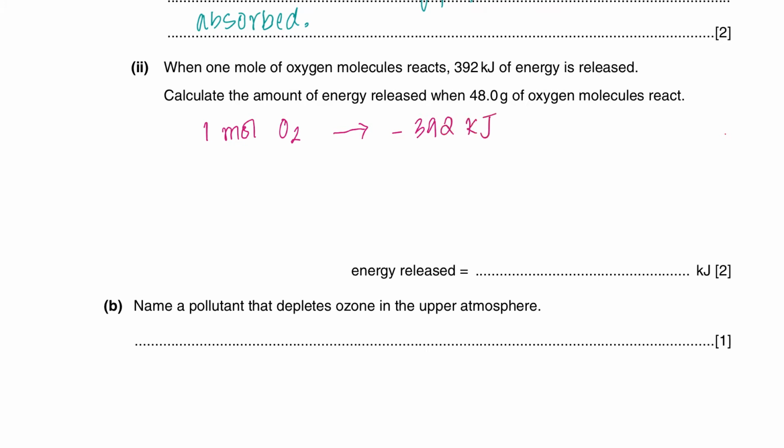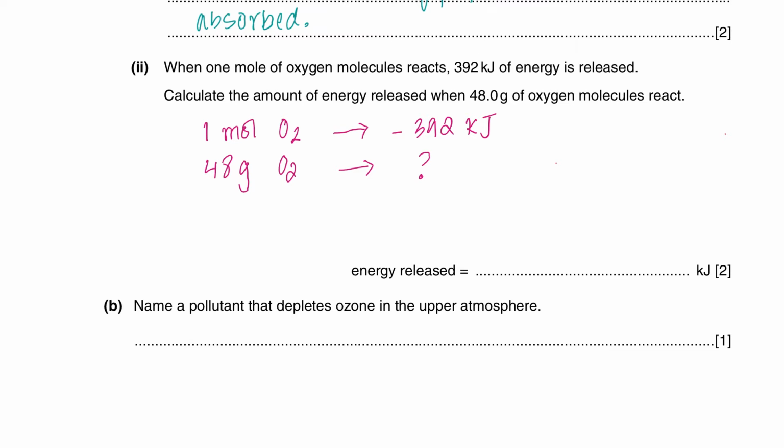And the negative means it'll give it to you rather than take it away from you, because it's exothermic, it'll produce it, right? So if 1 mole of oxygen reacts, it'll produce negative 392 kilojoules of energy. I have to figure out how much 48 grams of oxygen will give me.